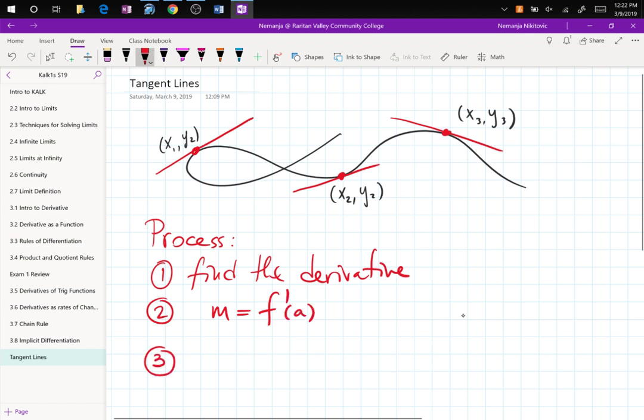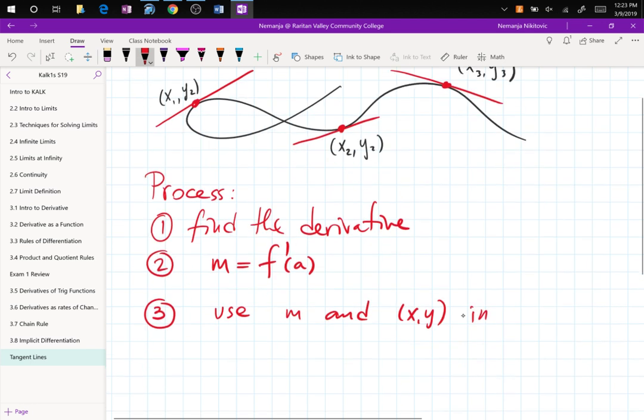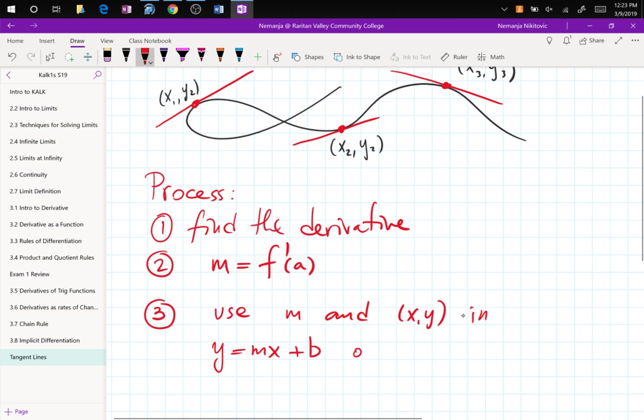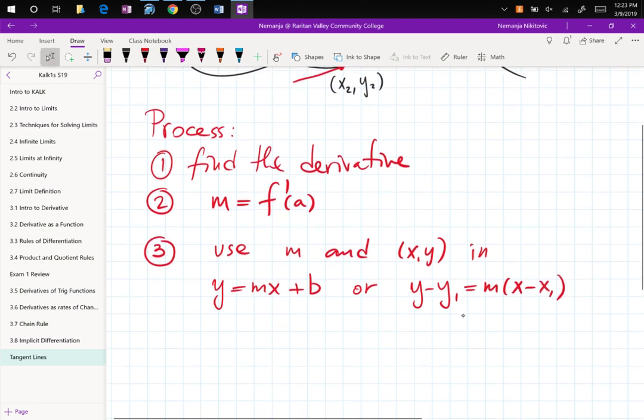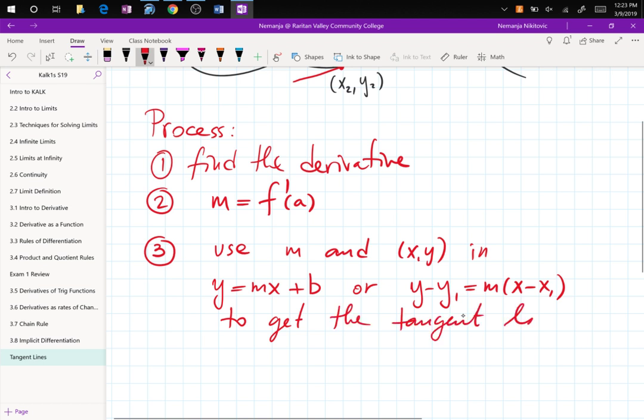Number 3, use m and x, y in y equals mx plus b, or y minus y1 equals m times x minus x1, to get the tangent line. It's a 3-step procedure.